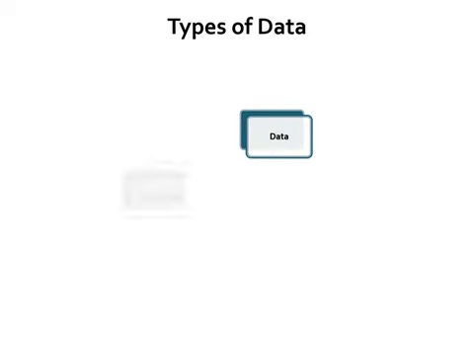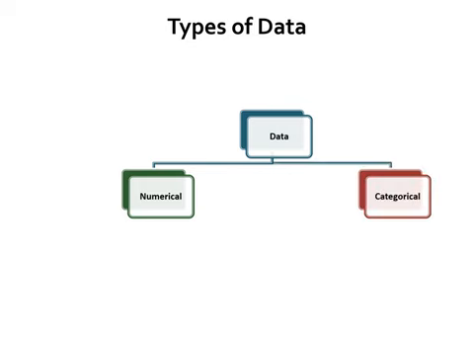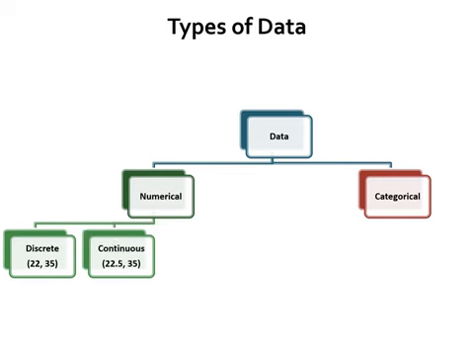Generally, data can be classified into numerical or quantitative data and categorical or qualitative data. The numerical can be divided into discrete, which includes values that are clearly separated without any fractions, or continuous, that includes any number in between, even with fractions.